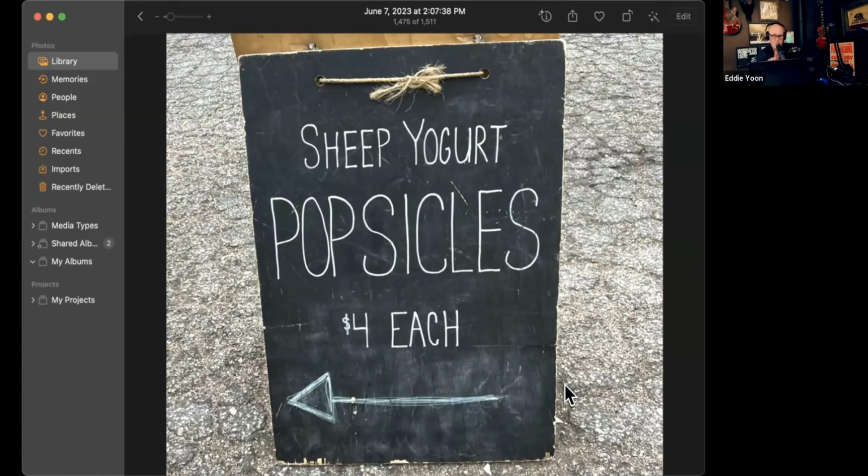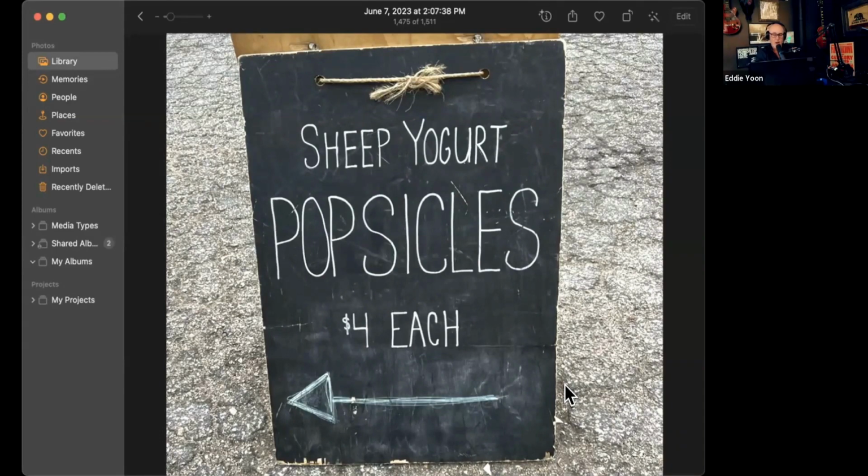Sheep yogurt in large font, popsicles in smaller font, $4 for each, and an arrow over there. What is this sign telling us? It's marketing the category, not the brand.